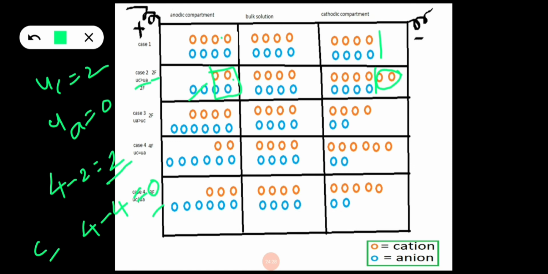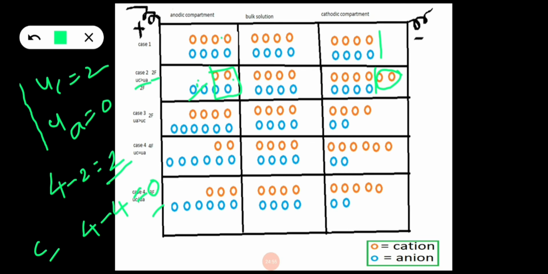So this shows that we have considered this case by taking the speed of cation as 2 and anion as 0. That means cations are moving. We know that cations will move out of the anodic compartment to the cathodic compartment and will get deposited.